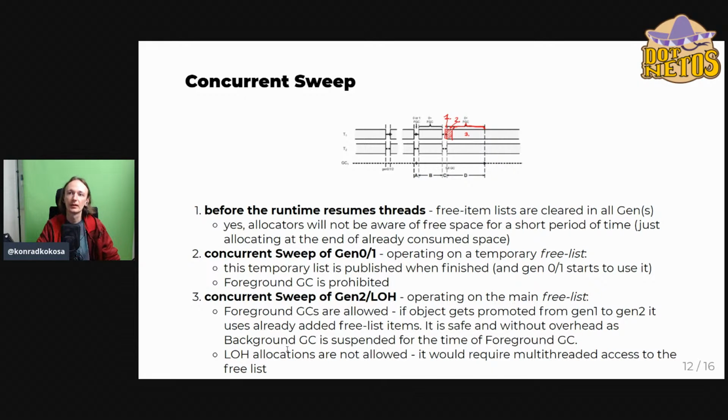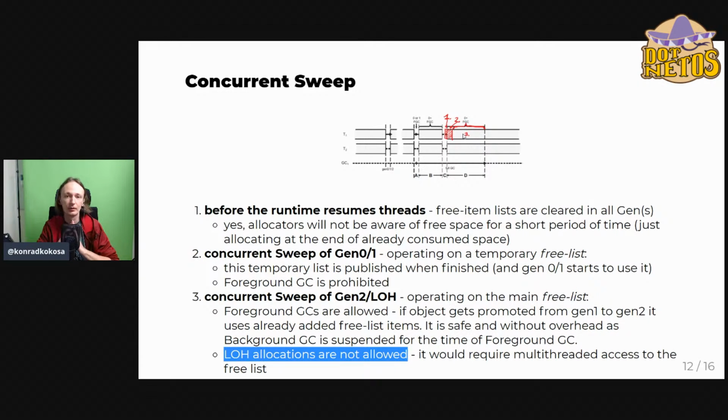And one important remark here is also that during the concurrent sweep of Gen 2, large object heap allocations are not allowed. So during most of the time here, most of the phase number 3, the large object heap allocations are not allowed.